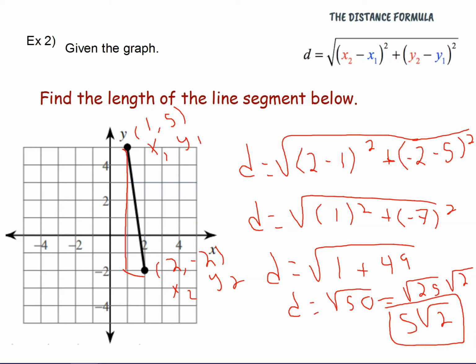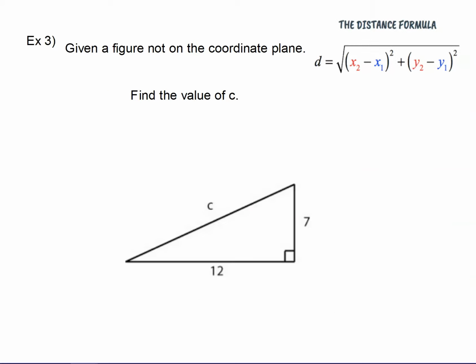Okay, so now let's go ahead and do another case. Sometimes I have to find the length of the segment, and I'm not given a coordinate plane. So yes, this is still a distance formula sort of thing, but it's actually the Pythagorean theorem. So can you use the Pythagorean theorem? Can you use the distance formula appropriately?